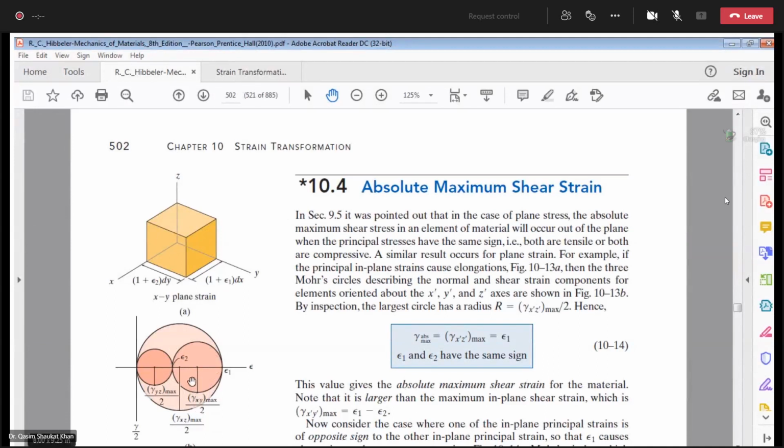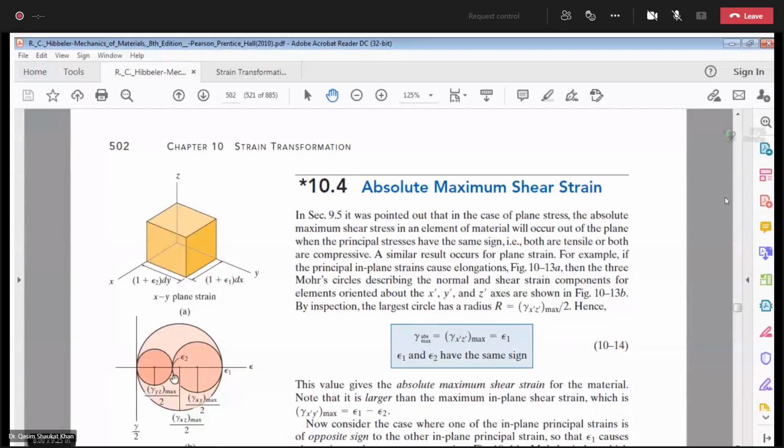Okay, and this is your maximum in-plane shear strain because it includes both the principal strains, and your absolute maximum shear strain will be the larger of the three. So the larger of the three is this one, gamma xz maximum. Now you can see this gamma xz maximum, its formula will be basically epsilon 1 minus 0 divided by 2.